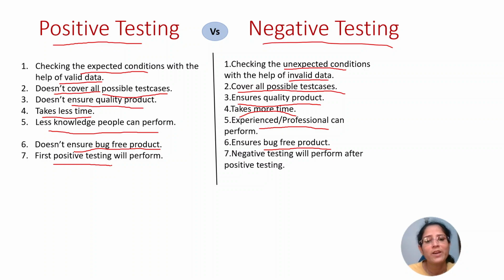So whenever we get the application for testing, first we do positive testing, and once positive testing is done, then we do negative testing. That's all about positive testing and negative testing.